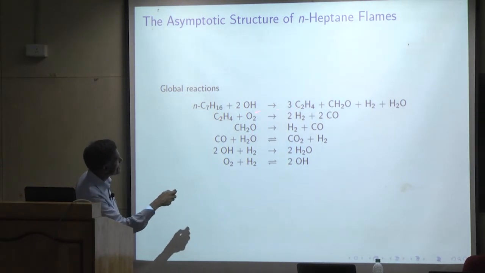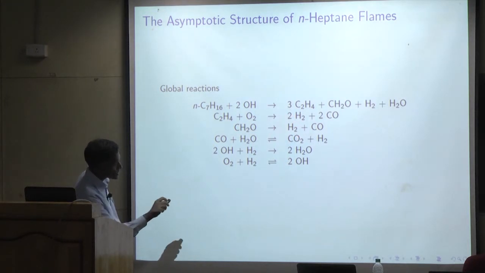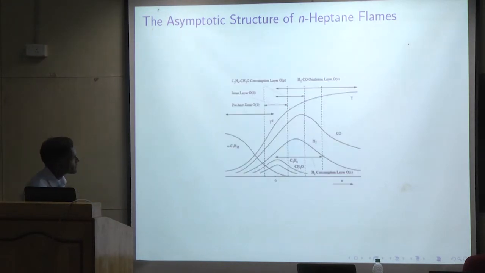Another thin layer where C2H4 and C2H react in another thin layer. This oxidation layer is the same, okay, like methane flames. That's the structure you have. Or you can see C7H16 breaking down to give C2H4 and C2H2. Okay, and the C2H2 reacts in this layer. Then you have this H2CO oxidation layer, right? So just a different ordering.